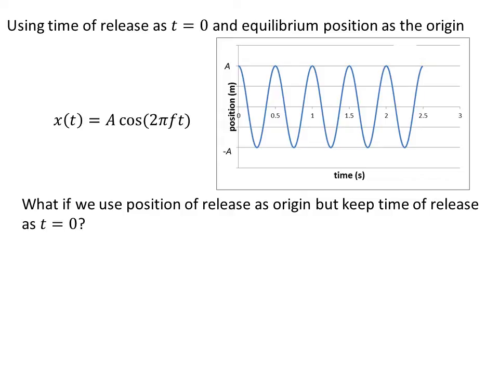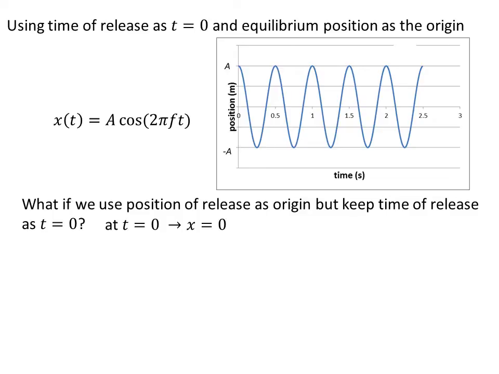Well, the difference between the equilibrium position and that point of release is the value of A. And also we notice that x of t for this origin, when t equals 0, x must be equal to 0, because we're using the point of release as the origin, and the time of release is the time t equals 0.